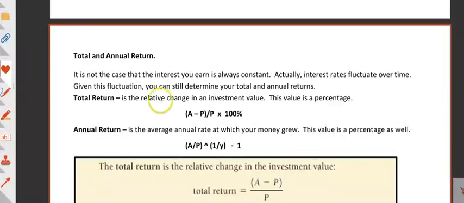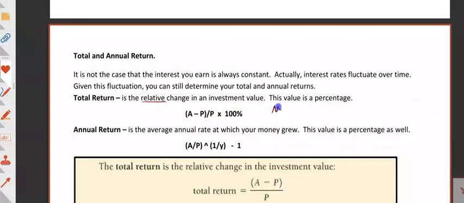Total return is the relative change in an investment value, and it's going to be a percentage. And it's looking at the value of A, which is the amount in the account after so many years, and the value of P, which is the principal amount that was invested. This is just that old formula that we saw earlier in Chapter 3 when we worked with percentages.